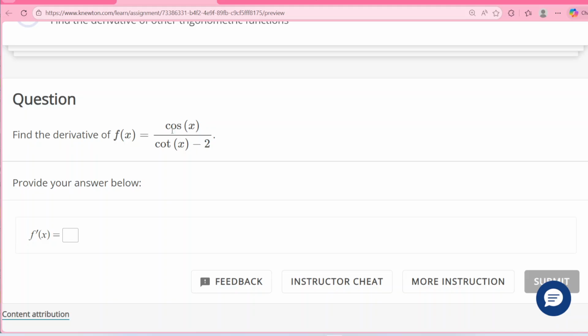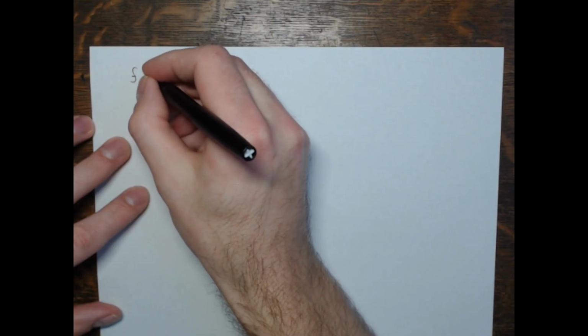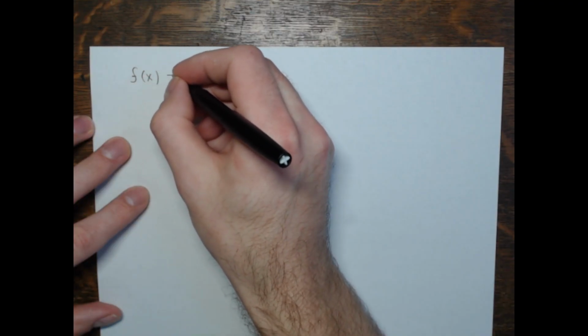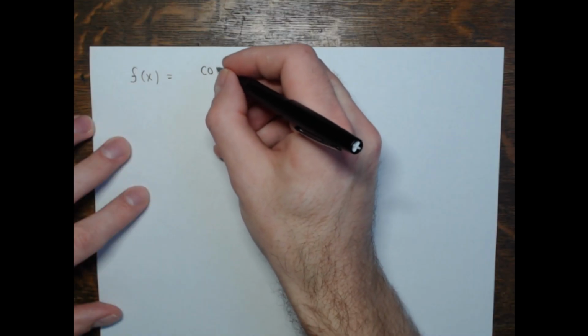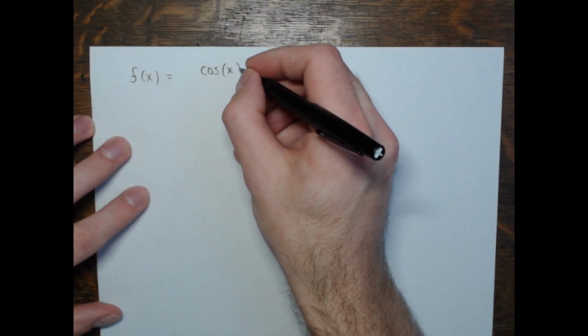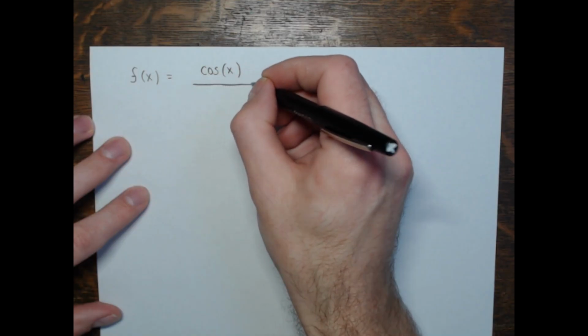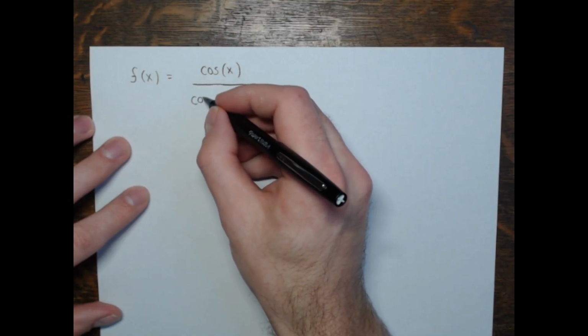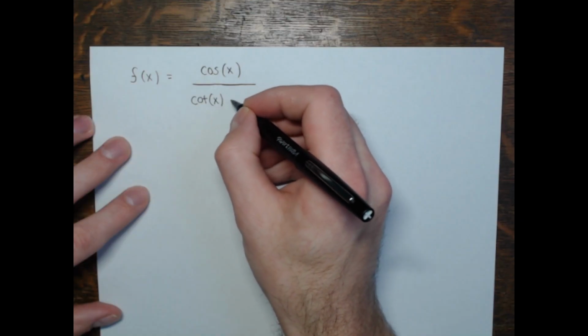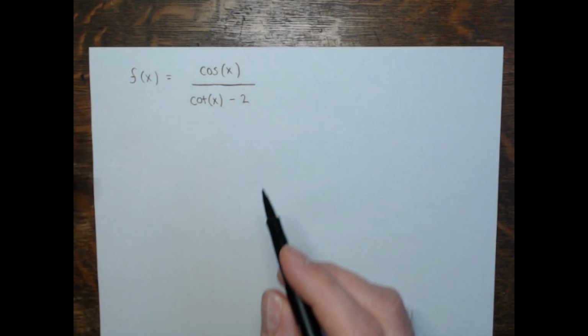You're seeing cosine in the numerator, and there's a cotangent of x, then minus 2 in the denominator. So we have f of x equals cosine of x in the numerator, divided by the cotangent of x minus 2 in the denominator.